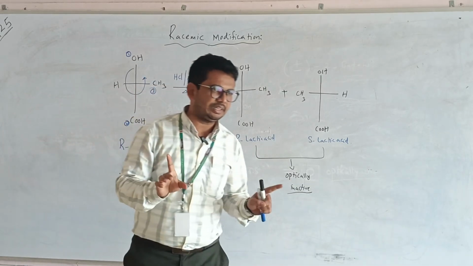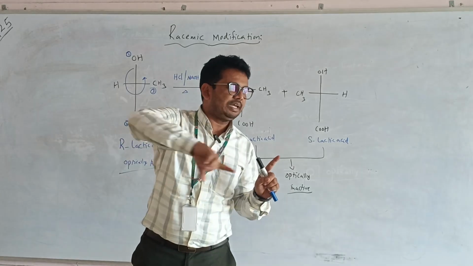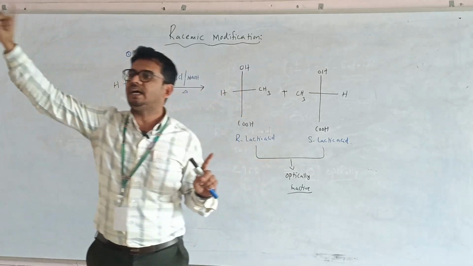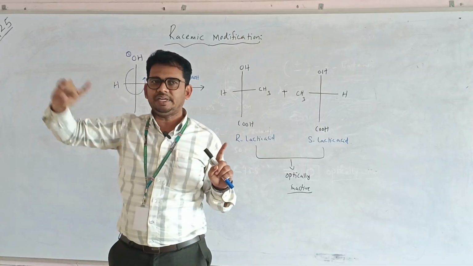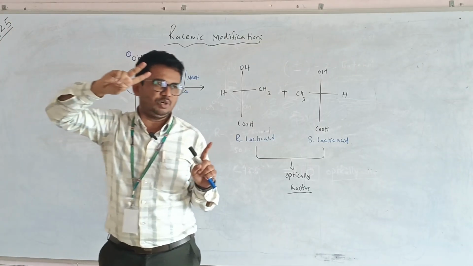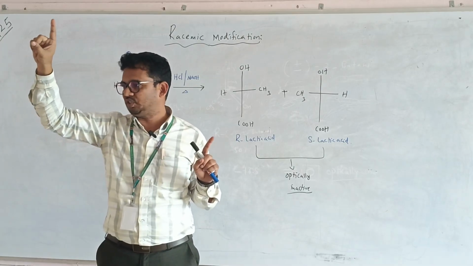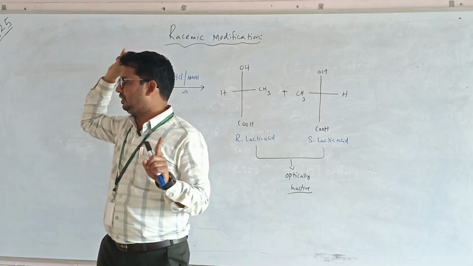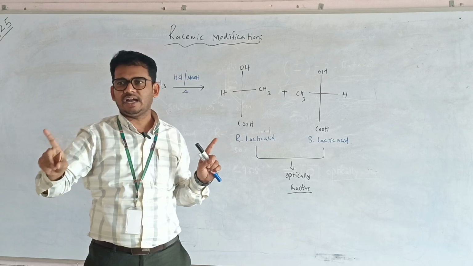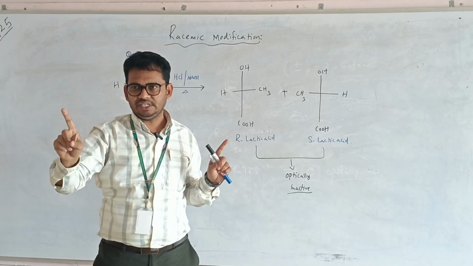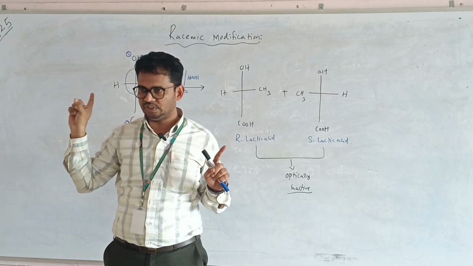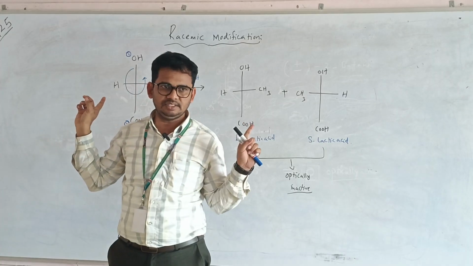Racemic modification is nothing but conversion of an optically active compound to optically inactive. Optically inactive means two enantiomers in a single mixture, which is the racemic mixture. I hope you understood this one. The example is easy, no?